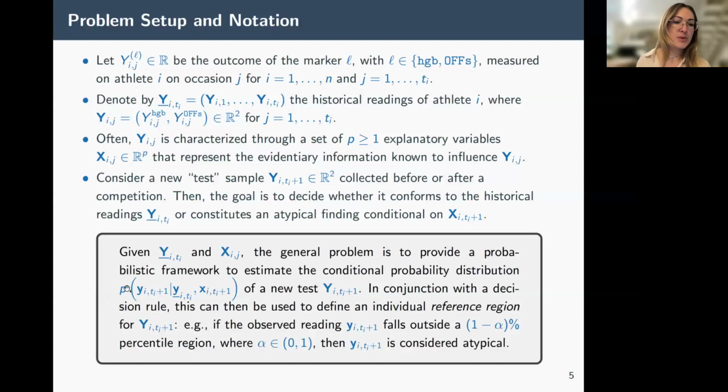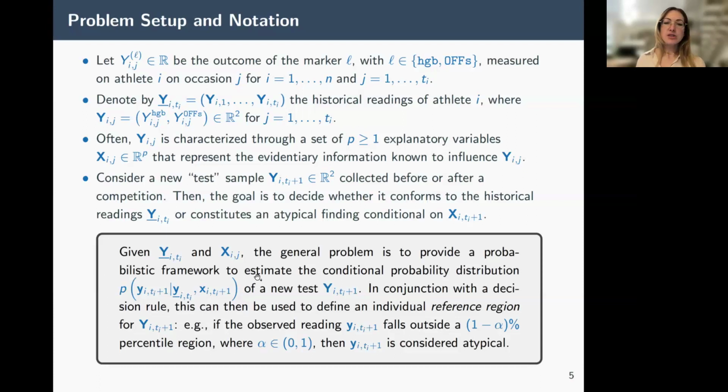So basically the probability that y_{i+1} conditional on all the history of the readings, so on the individual profile, this is collected within the athlete biological passport, and its individual characteristic. So basically this probability here.